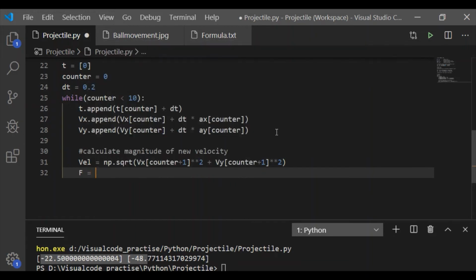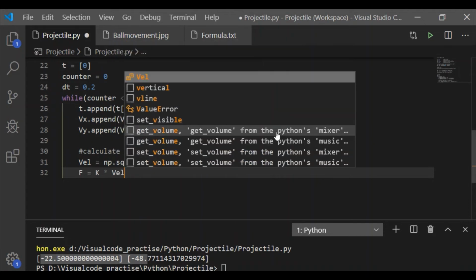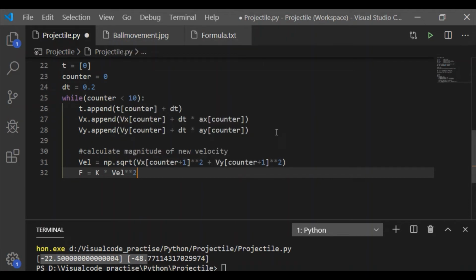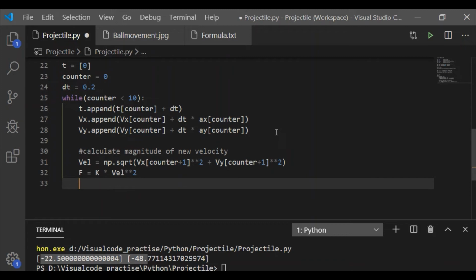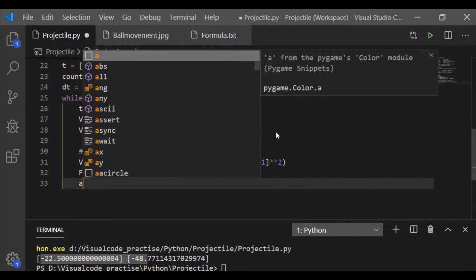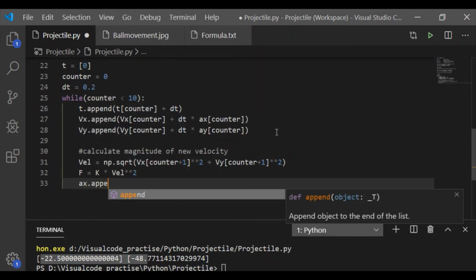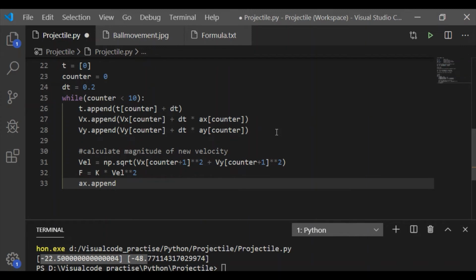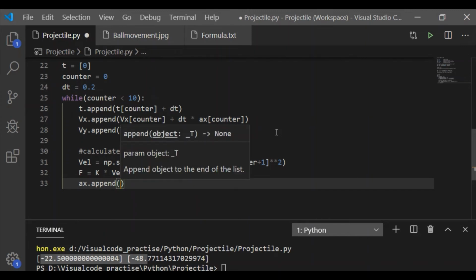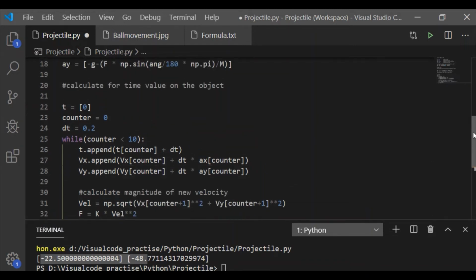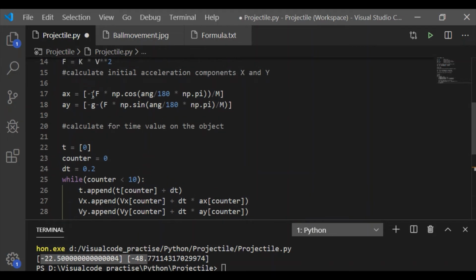Once the magnitude of the new velocity is known, the drag force, which is a function of the velocity, also changes. So let us recalculate the drag force F, which is nothing but K, the coefficient constant of drag force, multiplied by new velocity square. Again, as the drag force has changed, the acceleration components x and y also get changed.